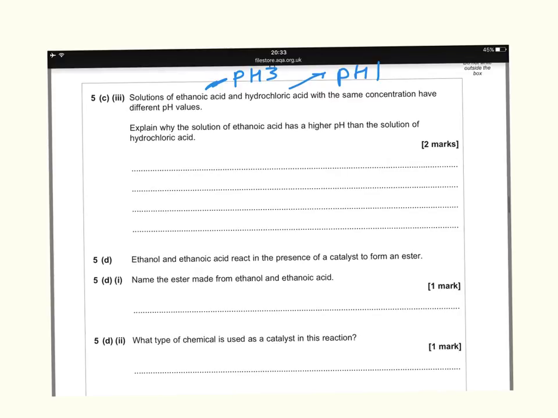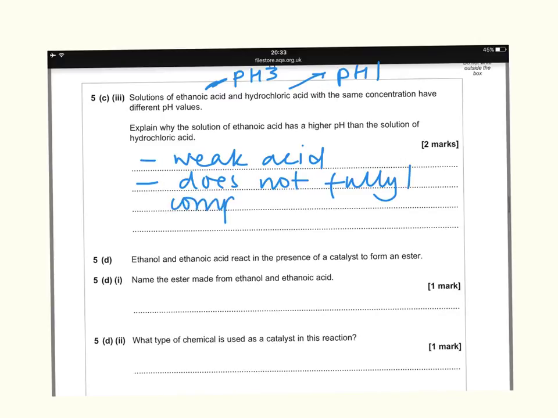So ethanoic acid has a higher pH because it's a weak acid which does not fully or completely ionize.